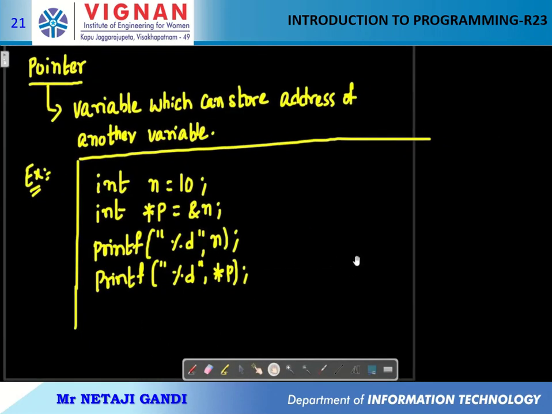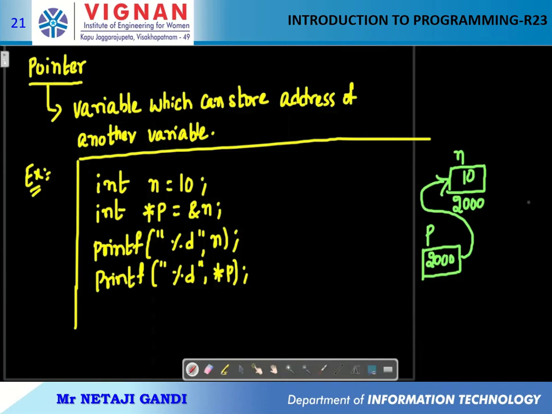So if you consider this here, n is a variable and its corresponding value is 10. And then p is equal to address of n. So we are considering the address of n as 2000. And then p is a pointer variable which is holding the address of n, and it is 2000. Now we are printing n here, which will display the output as 10, and we are using star p to print.